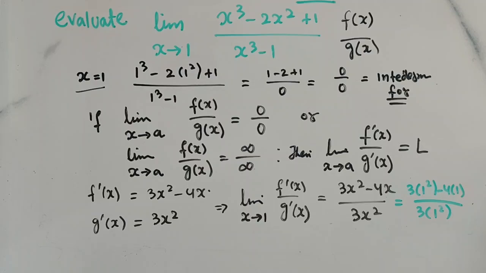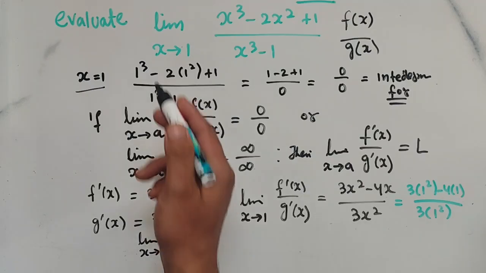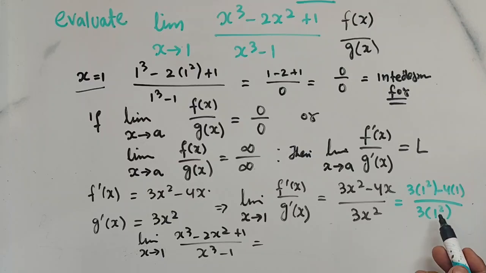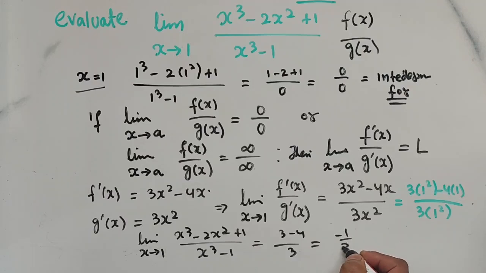That means the limit as x approaches 1 of (x cube minus 2x square plus 1) divided by (x cube minus 1) will be equal to (3 minus 4) upon 3, which comes out to be negative 1 upon 3. That is the limit of this function as x approaches 1.